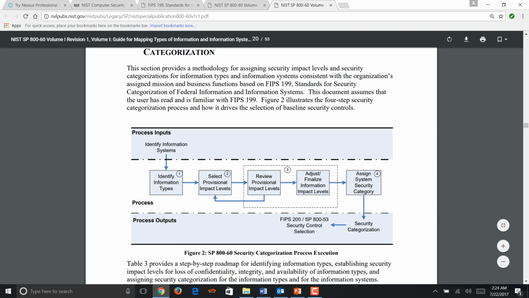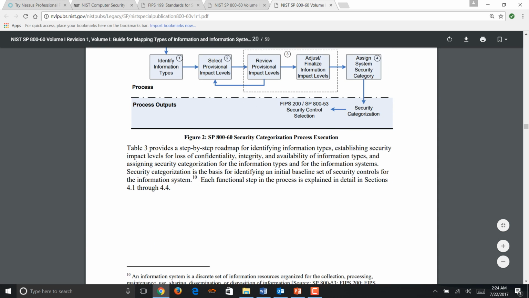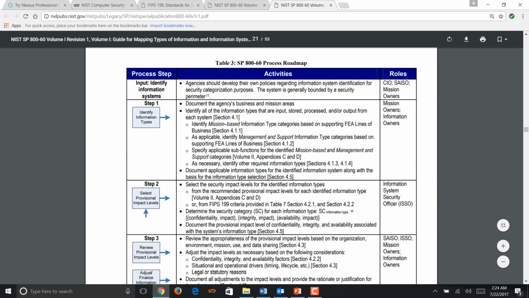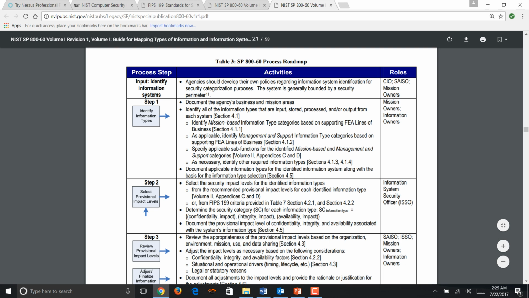Remember, we defined impact level in our FIPS 199 documentation. So here you want to select the provisional impact level for each of the information types, as stated here in NIST 800-60 Volume 1.